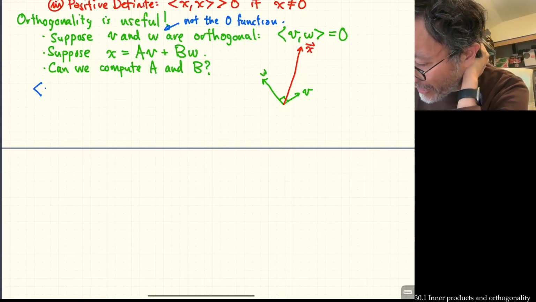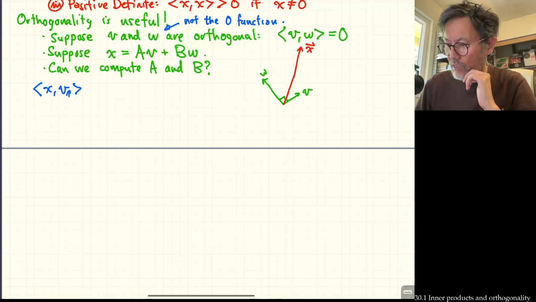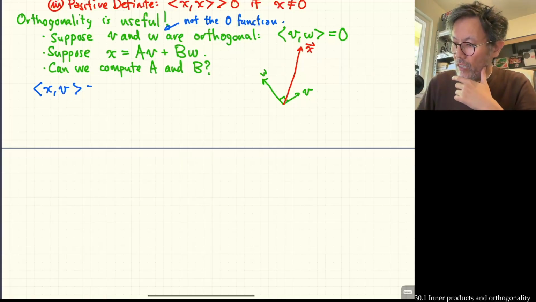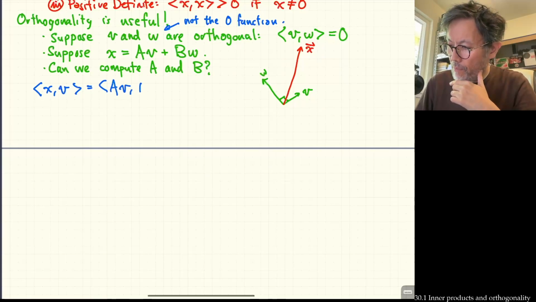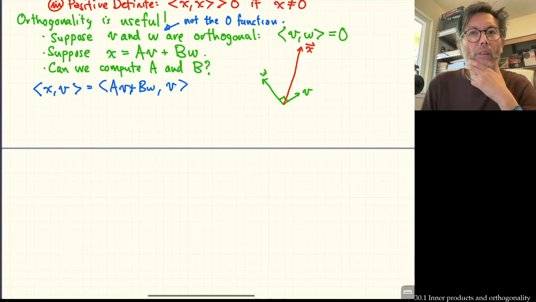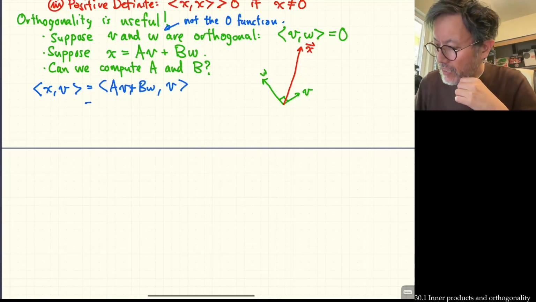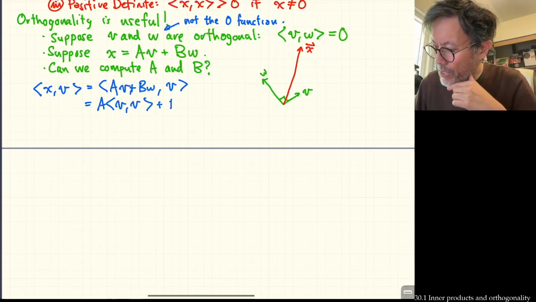Let's look at the inner product of x with v. This is equal to, by assumption, av plus bw, inner product with v. By bilinearity, that's equal to a times the inner product of v with itself plus b times the inner product of w with v.